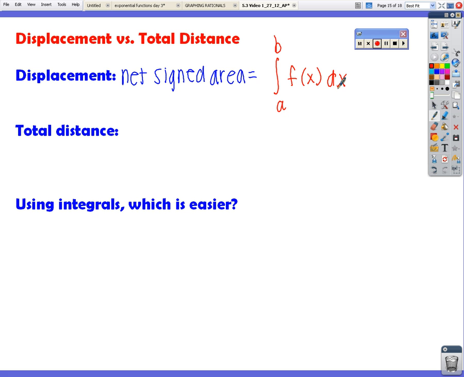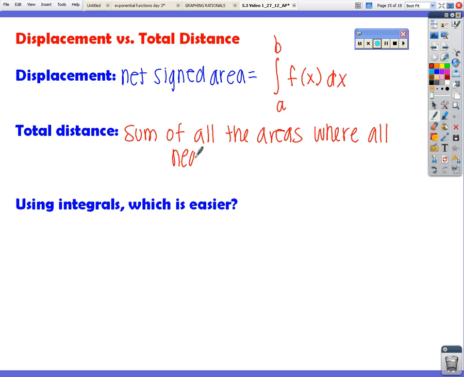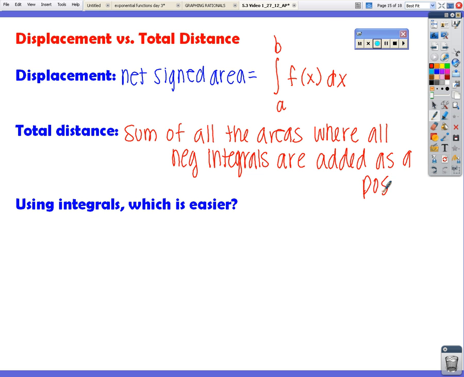Total distance will be the sum of all the areas where all negative integrals are added as a positive area.